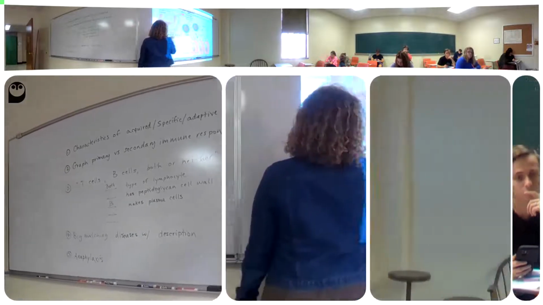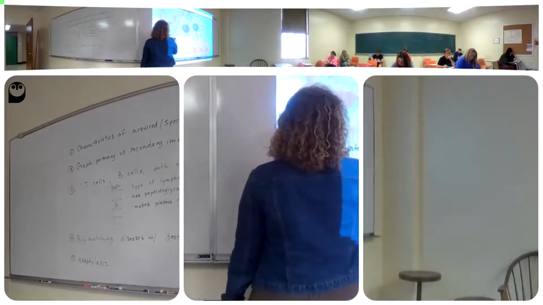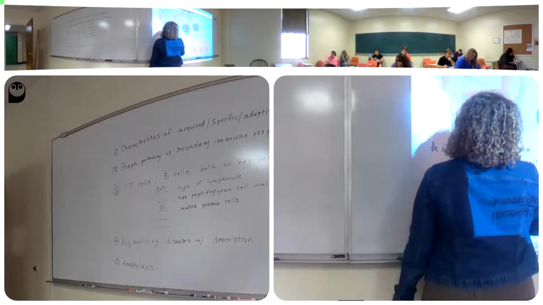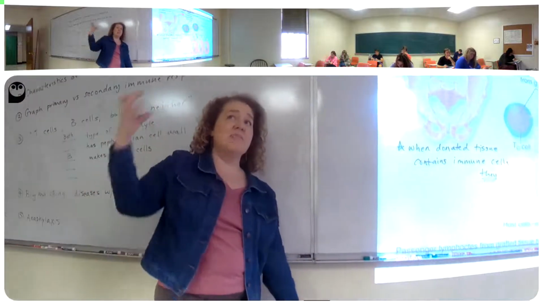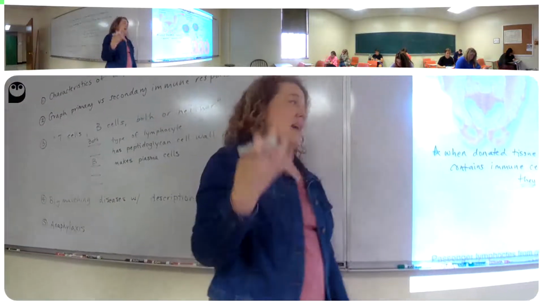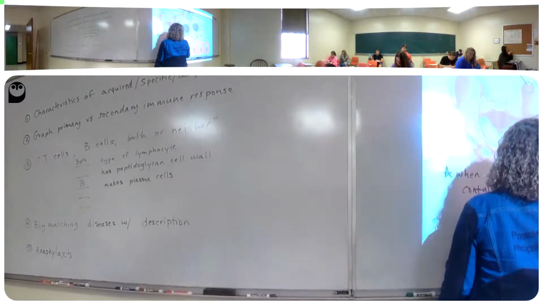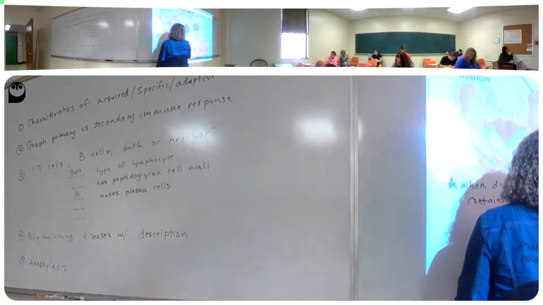So if the donated tissue contains immune cells, those immune cells, those white blood cells that came out of the donor, can then attack the recipient. You're going to harm the recipient cells.